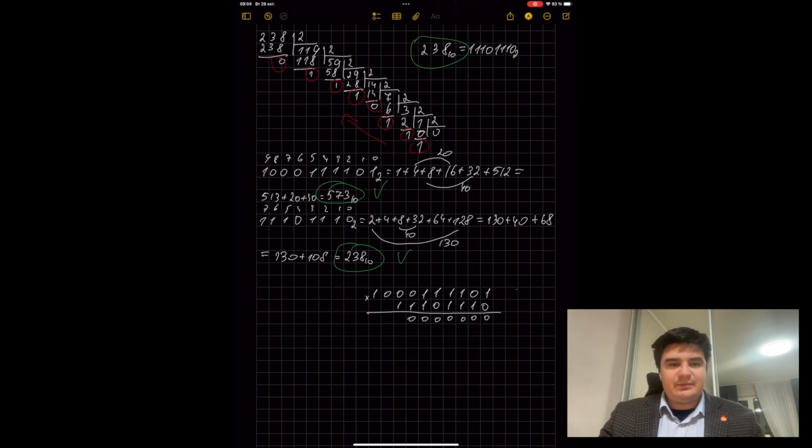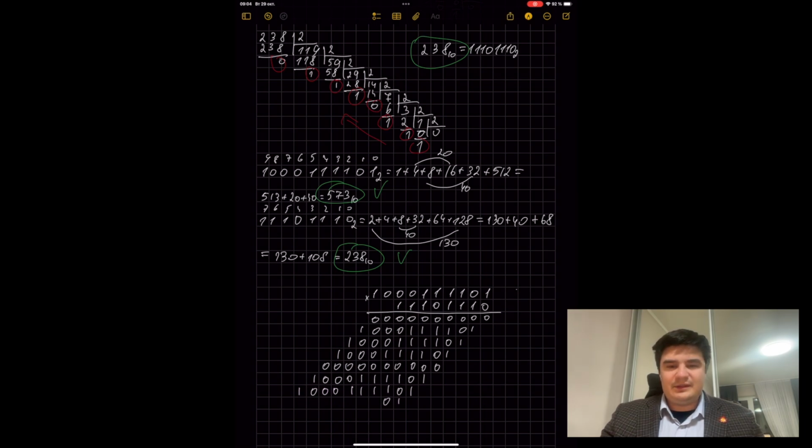For each bit in the bottom number, we'll either write a row of zeros if we are multiplying by 0, or copy the top number with a shift if we are multiplying by 1. Once we've gone through all the bits in the lower number, we'll need to sum these 8 rows, or 6, if excluding rows of zeros. The simplest way is to add them one by one, but that would take longer, so we'll sum them all at once.